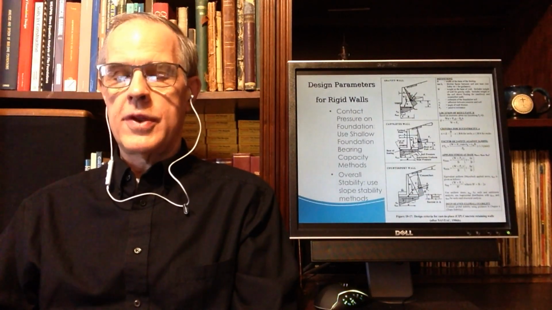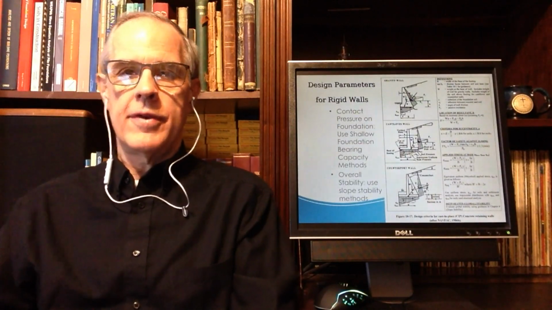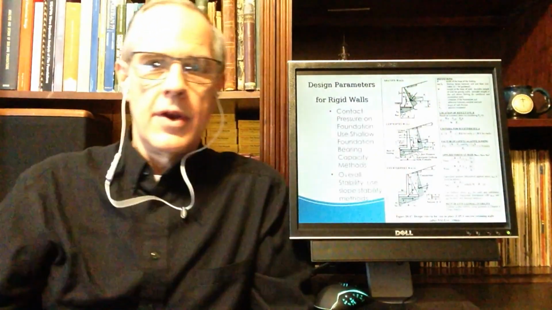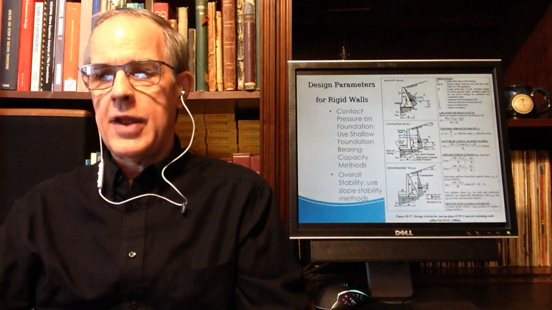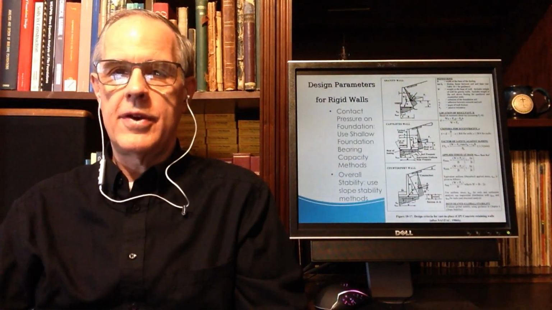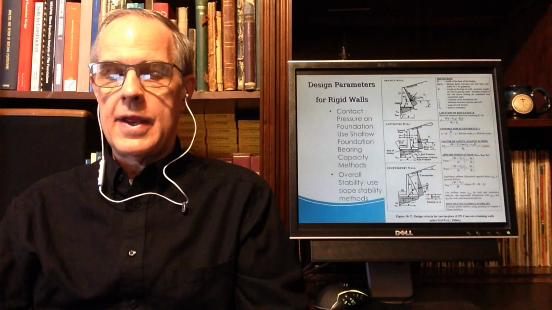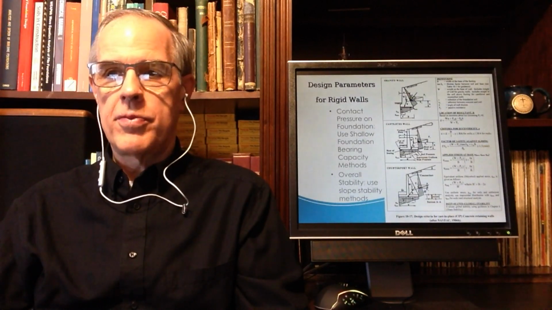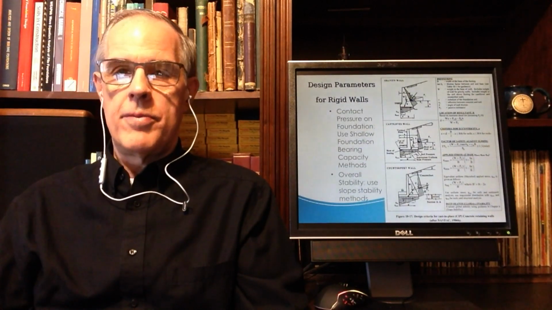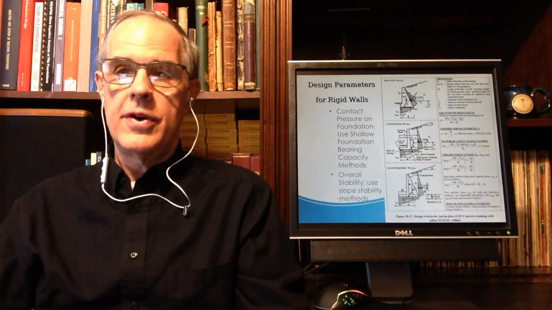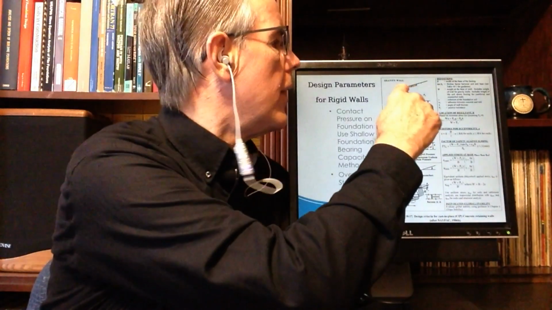So we go back, and there are several ways that these are addressed. One of them is the classic gravity wall, which is at the top here. It's a kind of triangular structure, and basically it has a weight. That weight is concentrated in a resultant through its center of gravity, and it has earth pressure forces attempting either to slide it or overturn it over here.